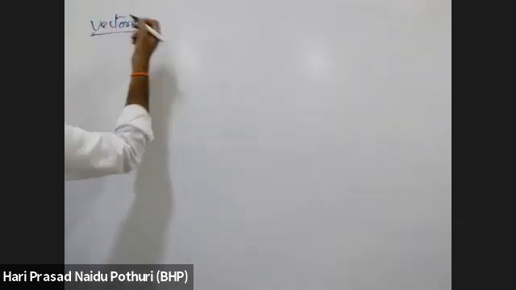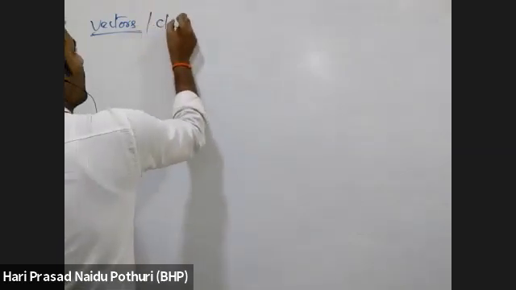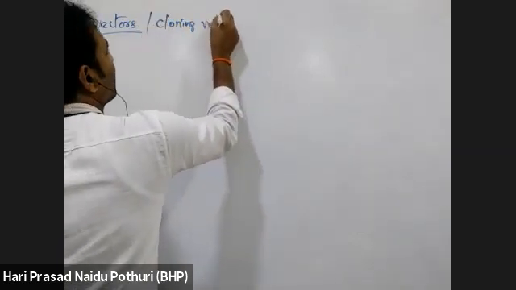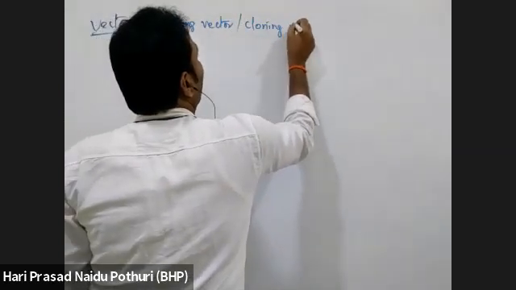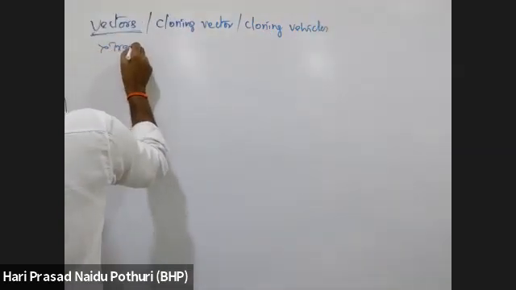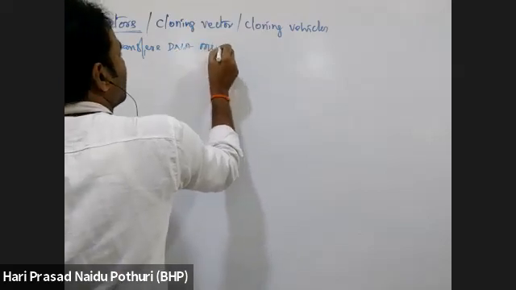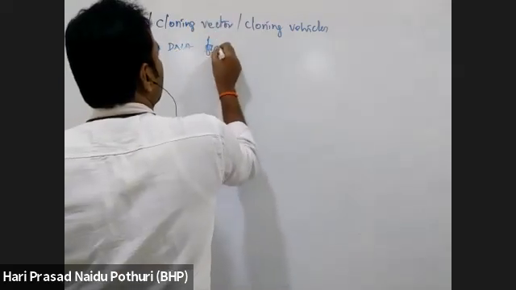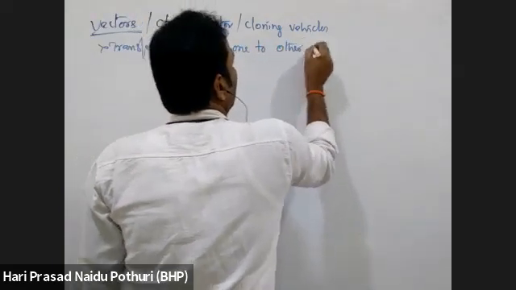Vectors. What is a vector? These vectors are also called cloning vectors, or cloning vehicles. These are responsible to transfer a DNA from one organism to another organism.